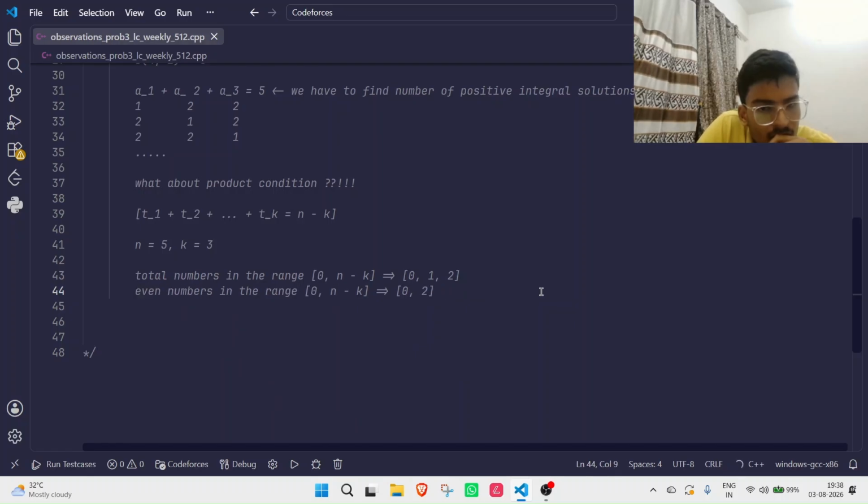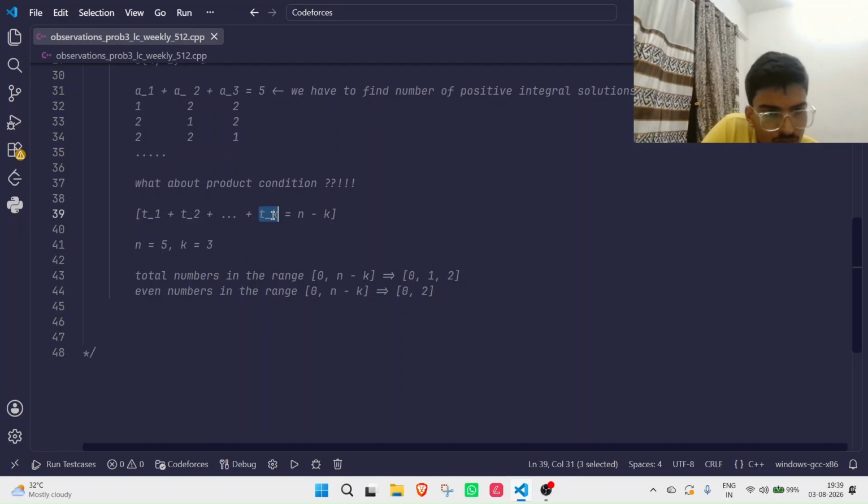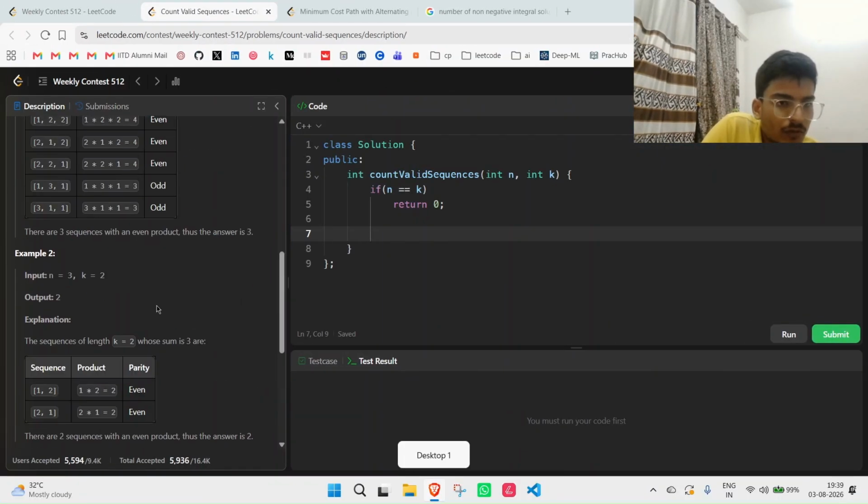Suppose any one takes an even value. Then there will be two ways, and every other will take the value in one way. So there will be two value sequences.